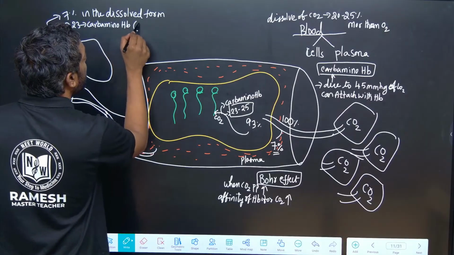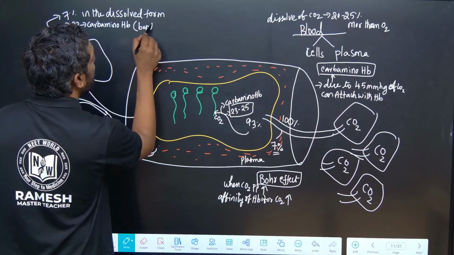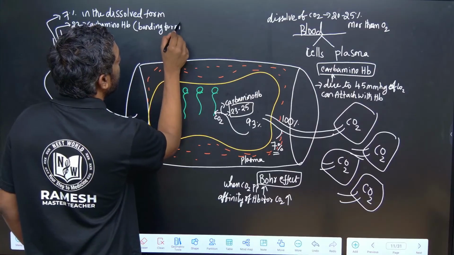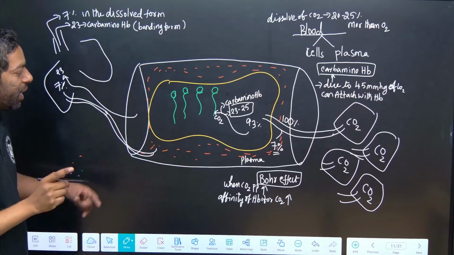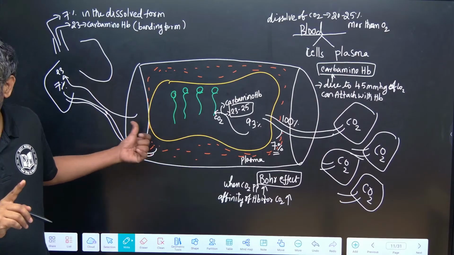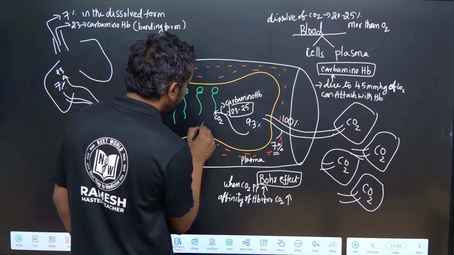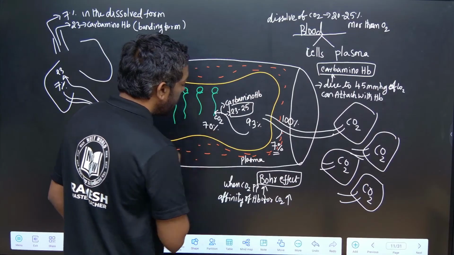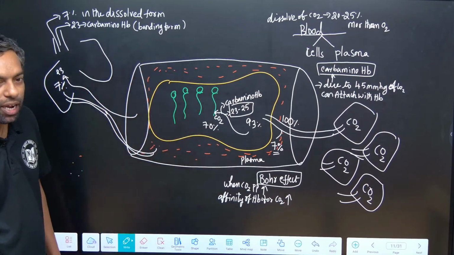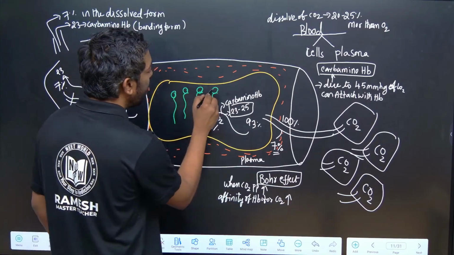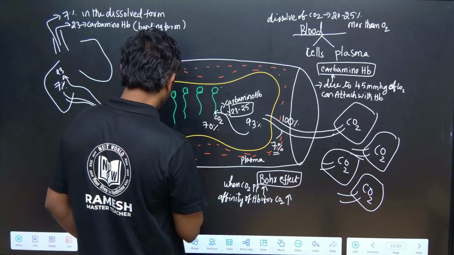We can call it the bonding form. Got it? Remaining 70% is there, they can carry. How do they carry the remaining 70%? This 70% CO2, here I am going to write it.